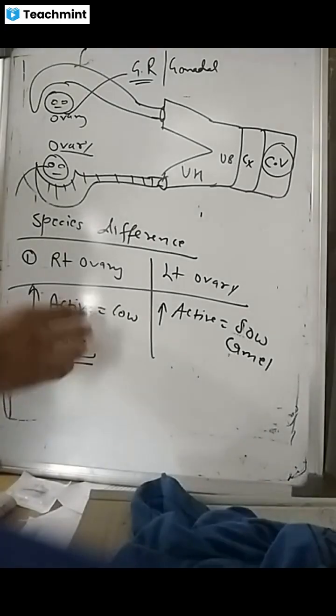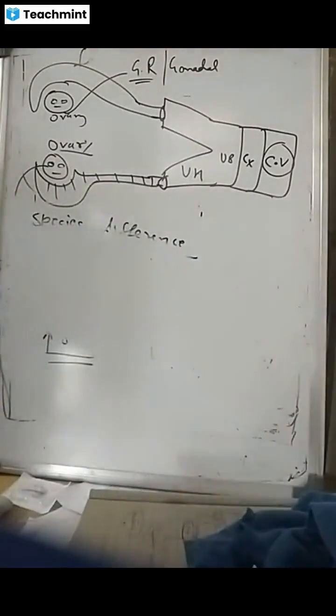With respect to size, in case of cow, the right is more active. These are the species differences.